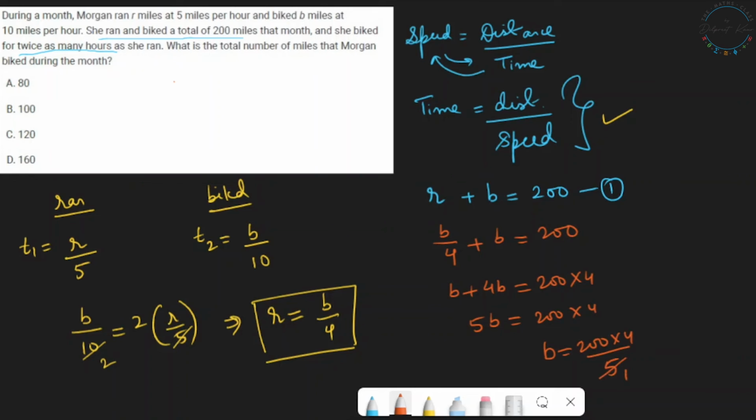So what we are getting from here is 40 times 4, and the value of B turns out to be 160. That means this is the correct answer. The total number of miles that Morgan biked during the month is 160, and if they asked how many miles she ran, that will be 200 minus 160, that is 40 miles.